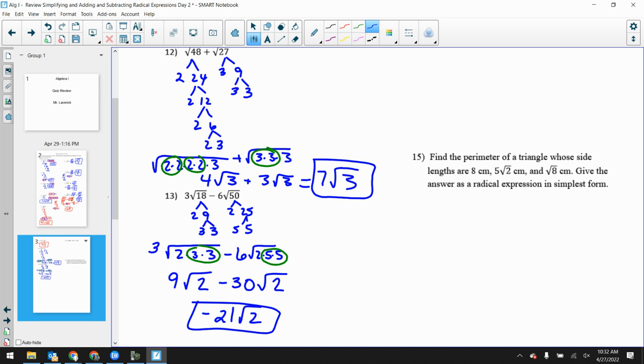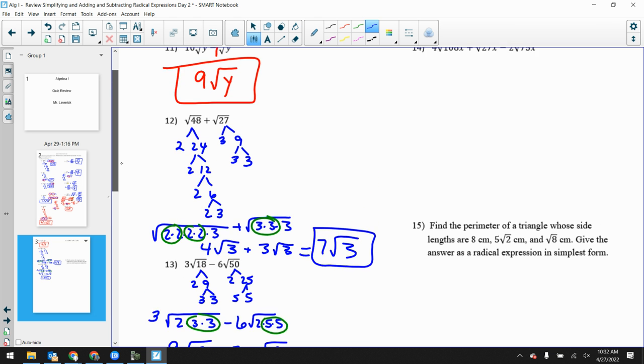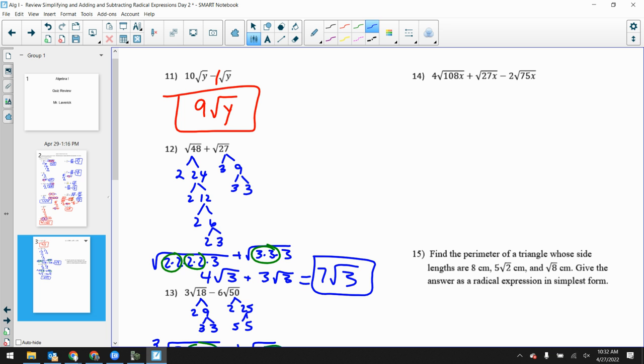We do number 15. We're going to do both of them. Don't worry. We got 3 minutes left. Now, what's the difference between 14 and 12 and 13? Nothing. There's just 3 terms. 108 is 2 and 54, which is 2 and 27, which is 3 and 3. So 4 on the outside, 2, 2, 3, and 3.